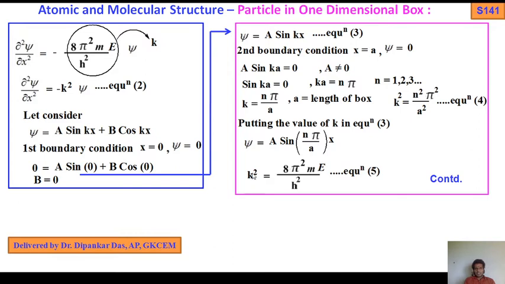Now we can write k square equals 8 pi square m E by h square from these relations, which is assigned as equation 5. Now if you compare equation 4 and 5, k square cancels out.